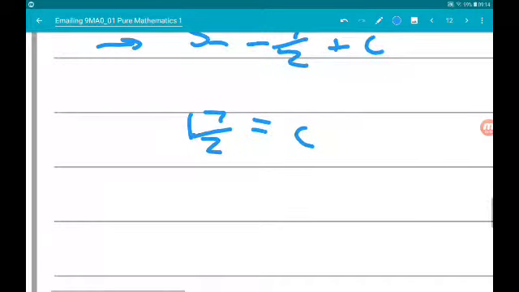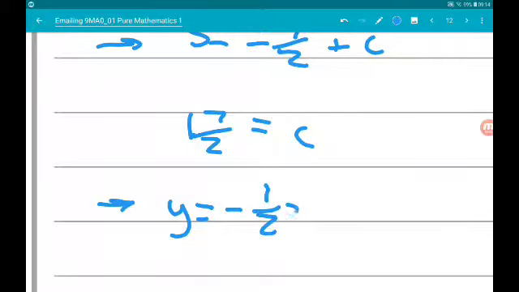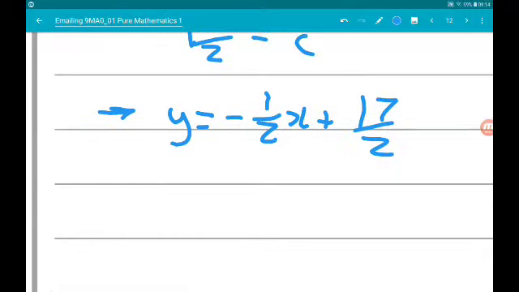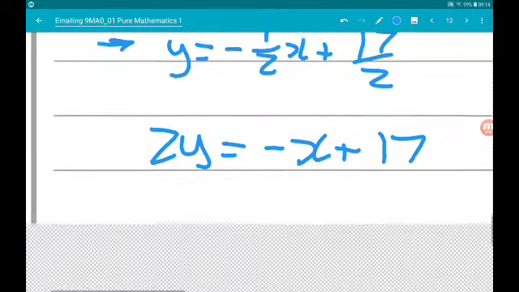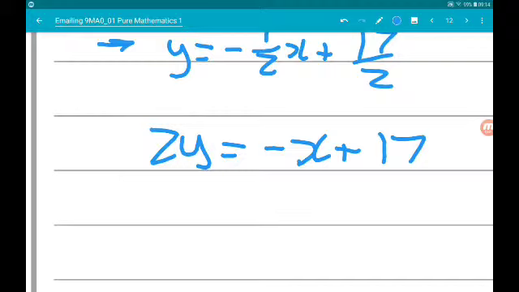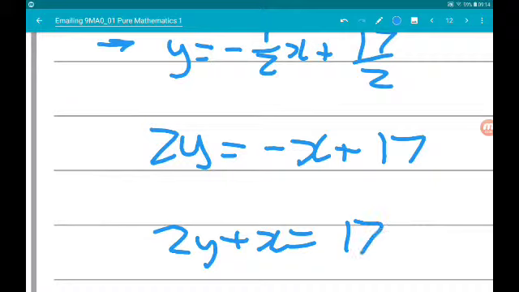So we have y is equal to minus 1/2 x add 17 over 2, multiplied through by 2, 2y is minus x add 17, and then finally add the x, 2y add x is equal to 17. Cool.